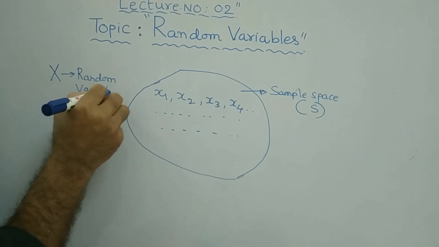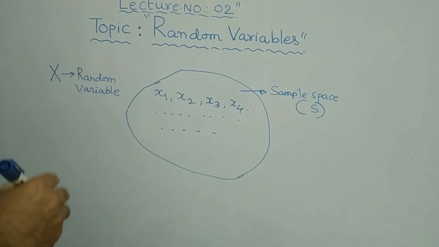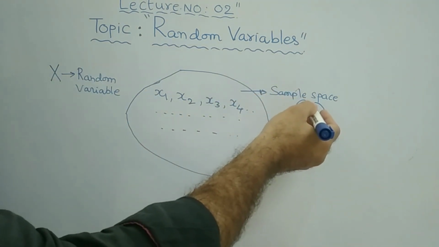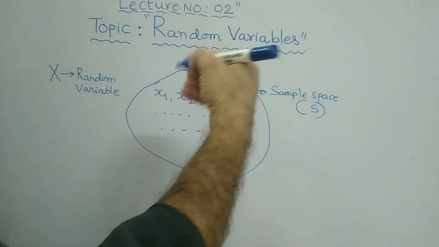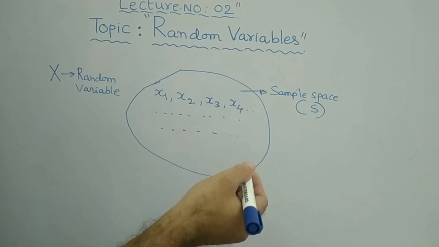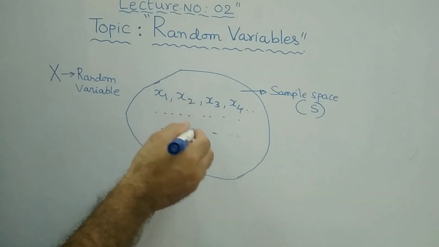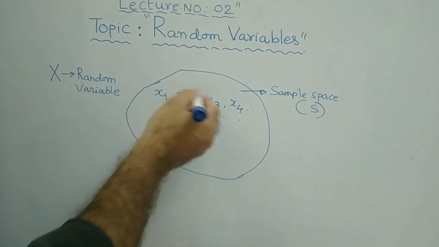I am introducing this new variable in order to bring a relationship between the sample space and a real number. The real number is associated with the possible outcome values.